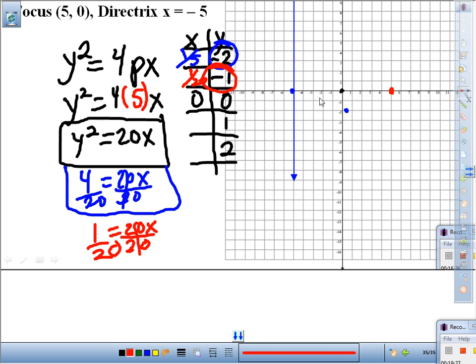We got -1 of y, and 1/20th, very close to the line right there. That means on the other side is right there. Oh, sorry. And here's a parabola.